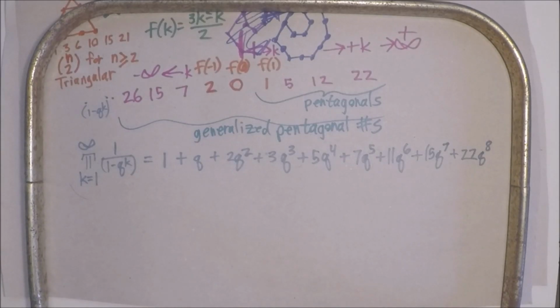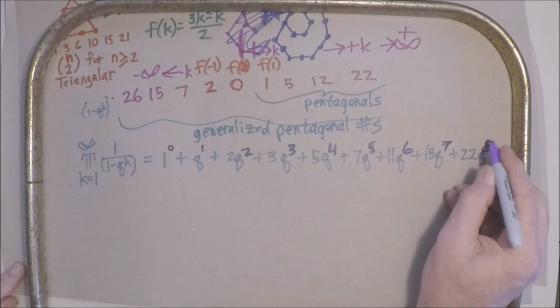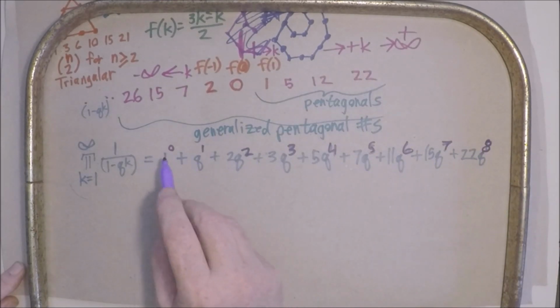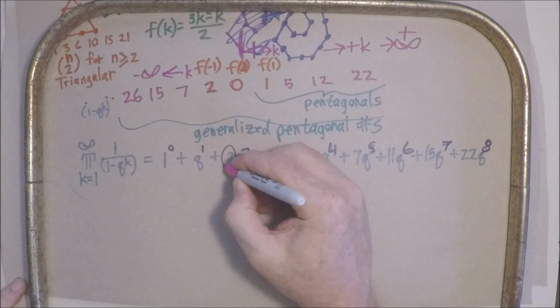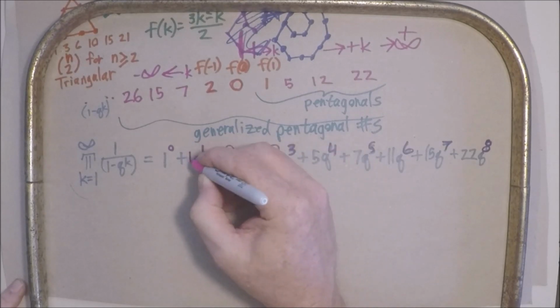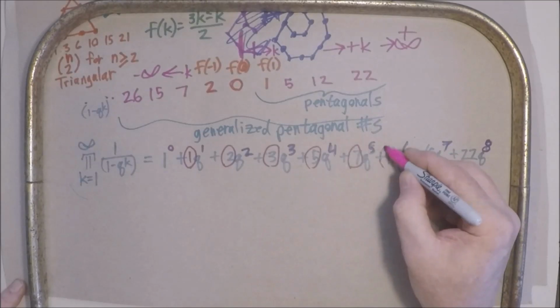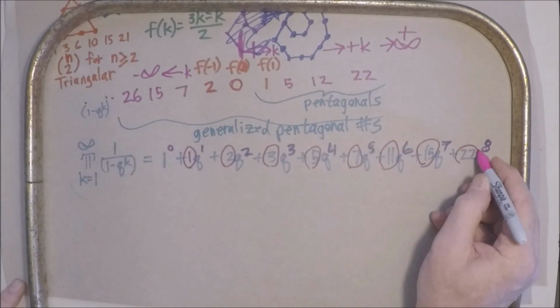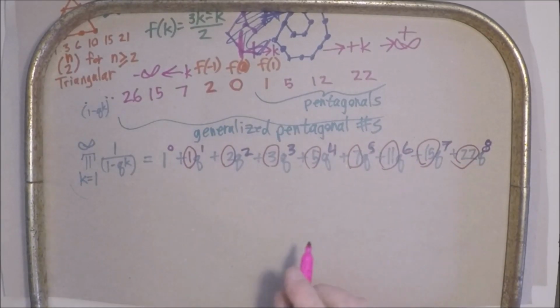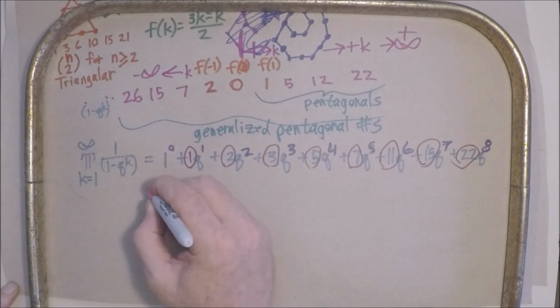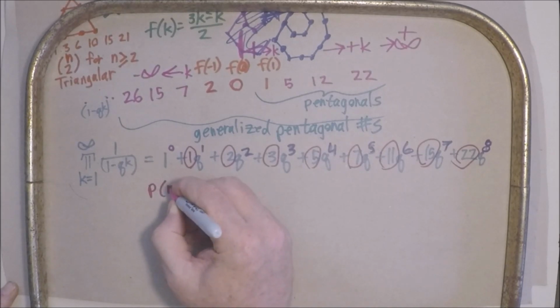So, what are these numbers? Well, obviously, the exponent is just an index. The real numbers that are interesting are 1, 1, 2, 3, 5, 7, 11, 15, 22, the coefficients. And these coefficients correspond to partitions of n.